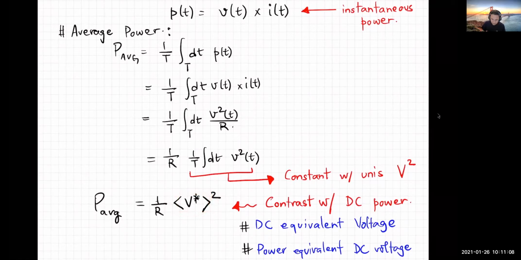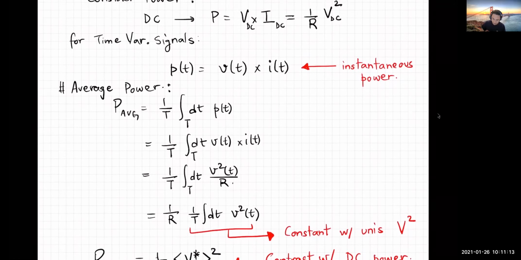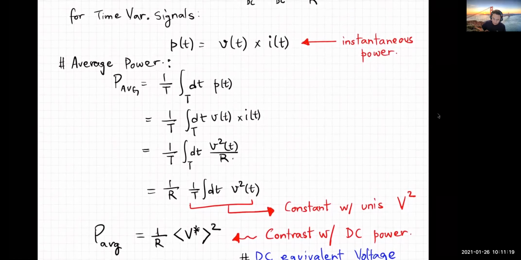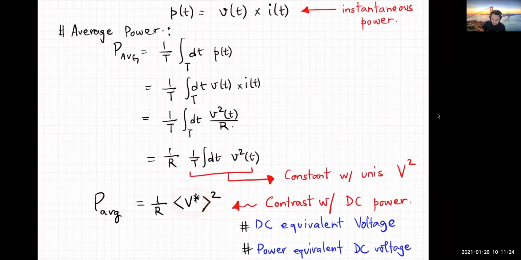Then you can contrast this expression with the power expression for the DC, and it's exactly the same. So what this means is that this voltage that we replaced here is the DC equivalent voltage, or sometimes called the power equivalent DC voltage.